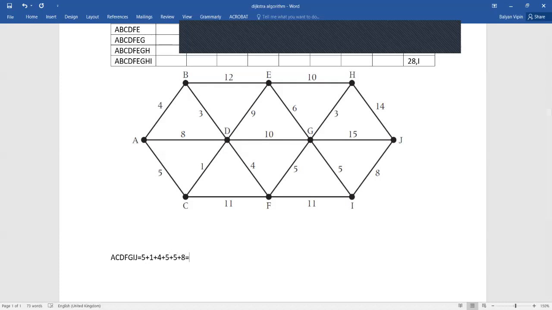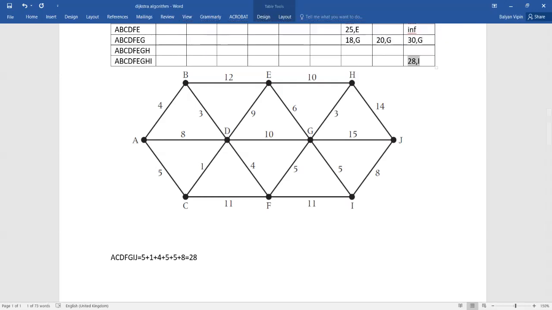That is your total cost, which turns out to be 28, which is already there. The only difference is that you have to remove the nodes which are making you move away from your actual path. This is the way the Dijkstra algorithm works.